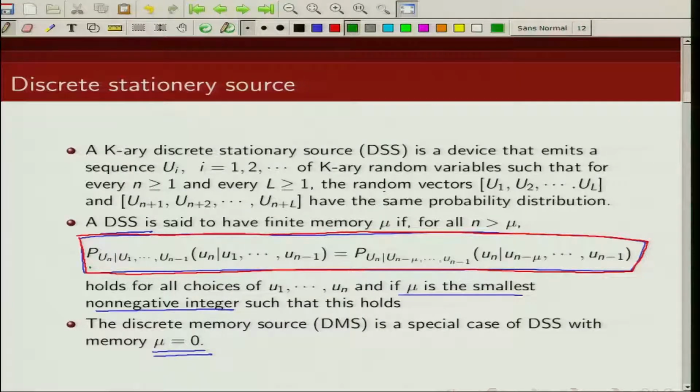A source is a discrete stationary source if for every n greater than or equal to 1 and for every L greater than or equal to 1, the distribution of the random vector U_1, U_2, U_3, ..., U_L is the same as the distribution of the vector U_{n+1}, U_{n+2}, ..., U_{n+L}.